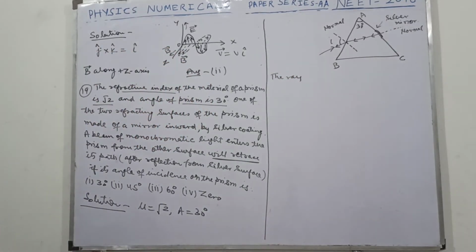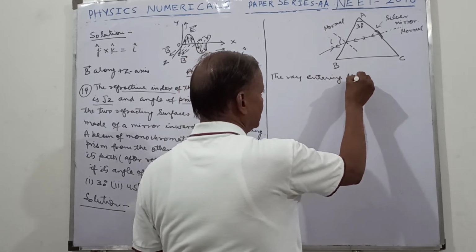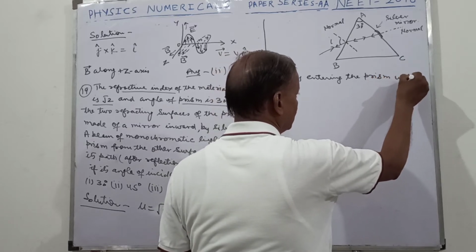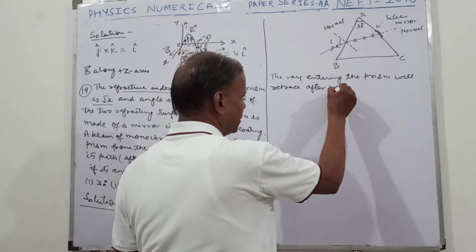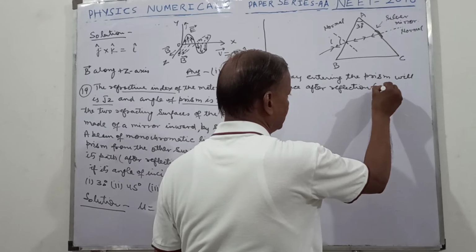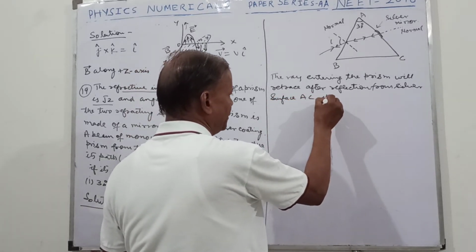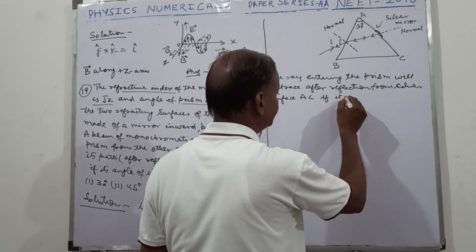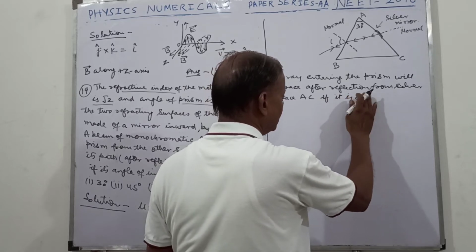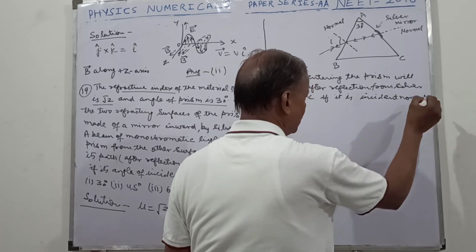The ray entering the prism will retrace after reflection from the silver surface AC if it is incident normally.